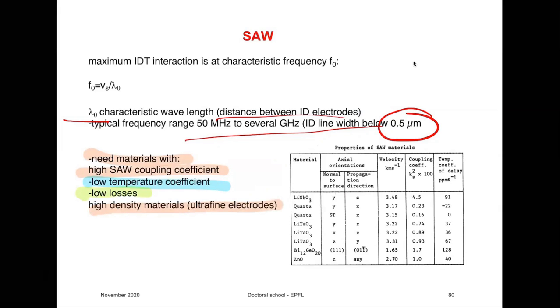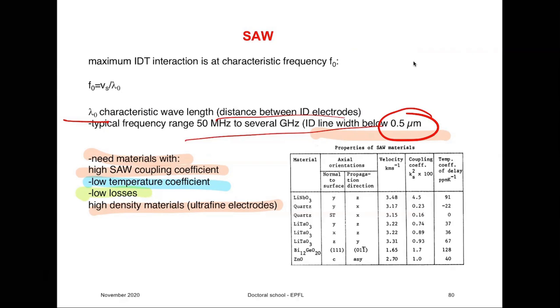Ceramics have higher losses, they have domains, and also you need these very fine interdigital electrodes. If you use a ceramic, the grains of the ceramic would be comparable to the distance between interdigital electrodes. So grain boundaries, different orientation of grains, and so on would all affect the propagation of surface acoustic waves and introduce a lot of acoustic losses and noise.